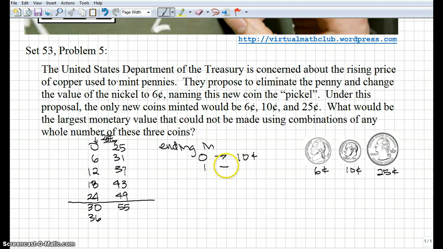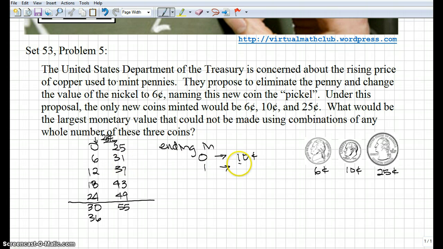Ending in a 1. What's the first one we can make? The first one that we can make ending in a 1 is 31 cents. And in order to make that, we have to combine a nickel, or a pickle, and a quarter. And we get 31 cents.